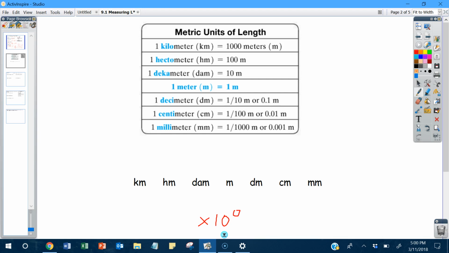And multiplying by 10, all that really does is it moves the decimal. So if you want to go from kilometers to hectometers, you move the decimal one place. If you want to go from kilometers to decameters, you'd move the decimal 2 places to the right, and so on.